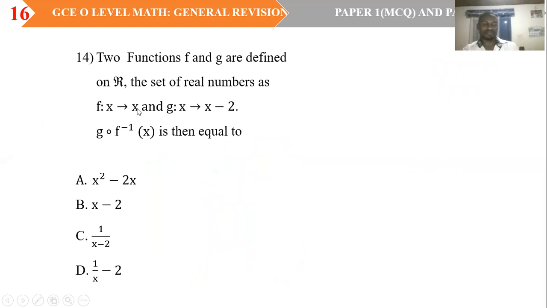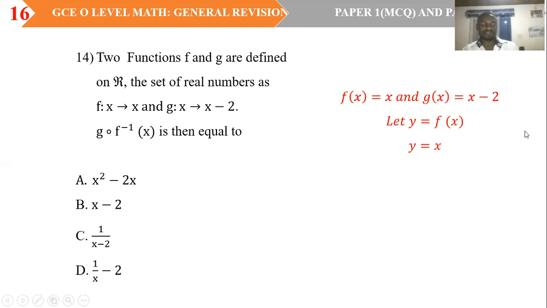Question 14. Two functions f and g are defined on R, the set of real numbers as f such that x maps to x, and g such that x maps to x minus 2. g of f inverse of x is then equal to, in this question, we need to first of all find f inverse of x. And to do that, we let y equal f of x and make x the subject.